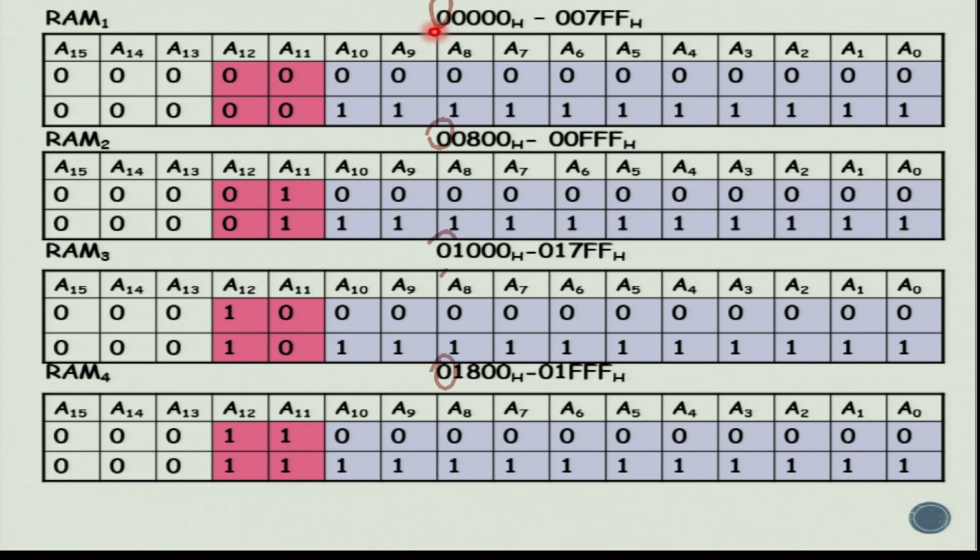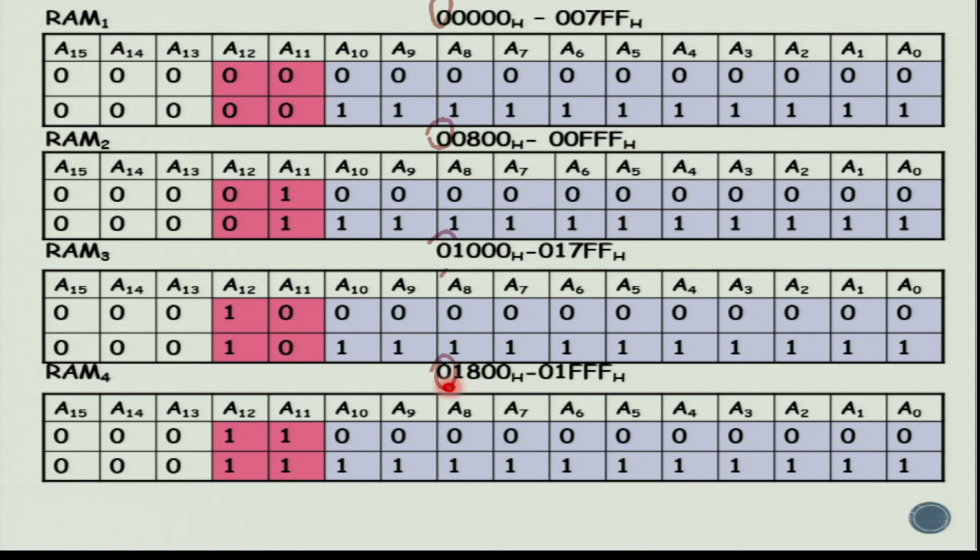So if the address happens to be from 0000 to 07FF, this is going to be the binary value that you will get. If it is 0800 to 0FFF, this is going to be the binary value. And again, if it is 1000 to 17FF, this shows the binary value of the first address and the last address.